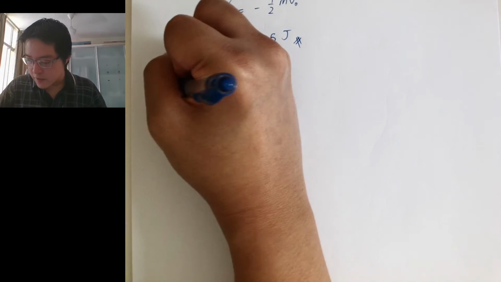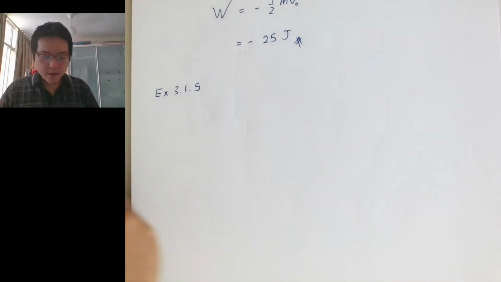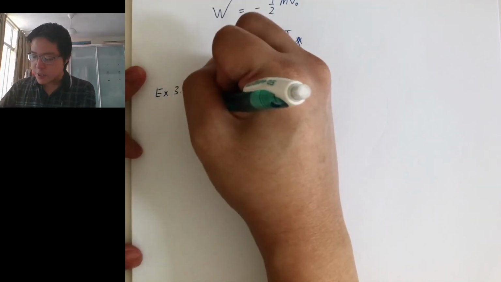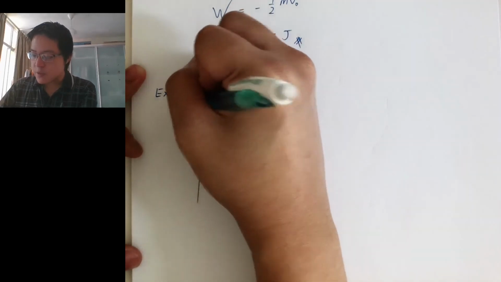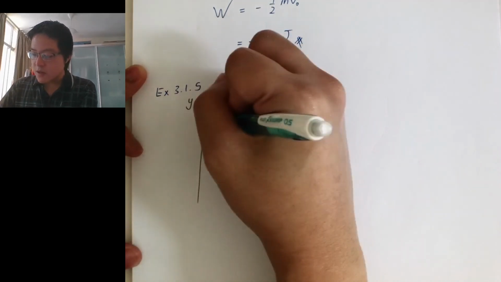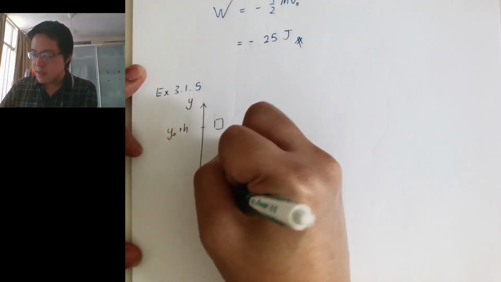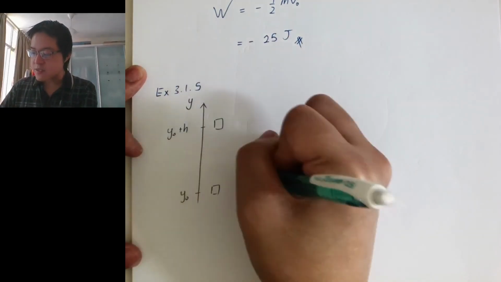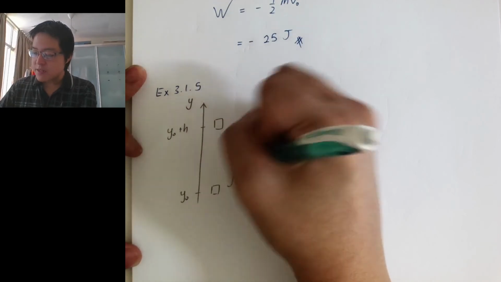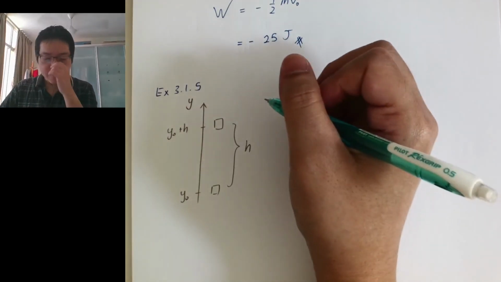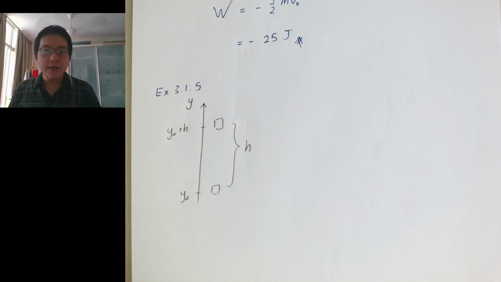So this is example 3.1.5. According to the question, let me just choose upwards as positive. I have a box that is initially at this height plus this number, and then it falls towards this height, purposely chosen to be h. What is the work done by gravity?